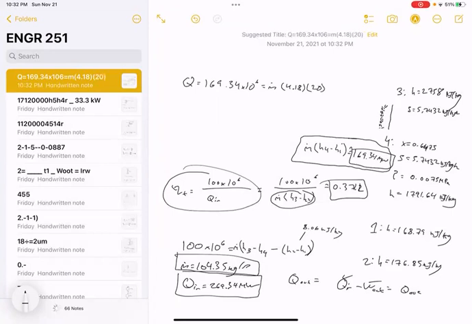And if we solve for the m dot, this will give us, by the way, kilograms per second. So we have to remember to convert that into per hour. So divide by 4.18 kilojoules, sorry, so 4180 this should be, times 20. And I'm getting 25.59 kilograms per second, which let me just check if that's the right answer.